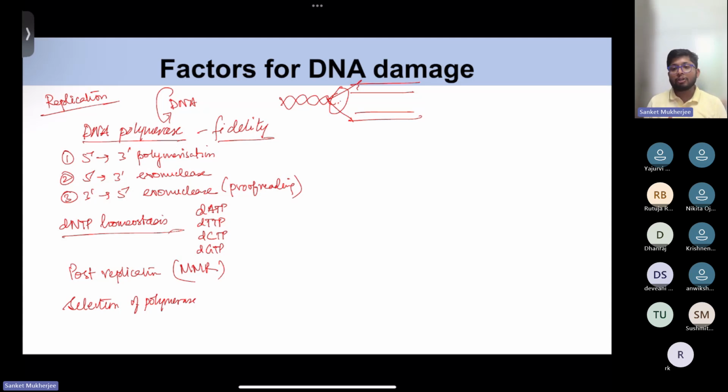So if we are not using a good polymerase, a polymerase which has low fidelity could cause more errors, right? Then there is the proofreading activity and also the thermodynamic stability of the DNA. These are some of the factors.